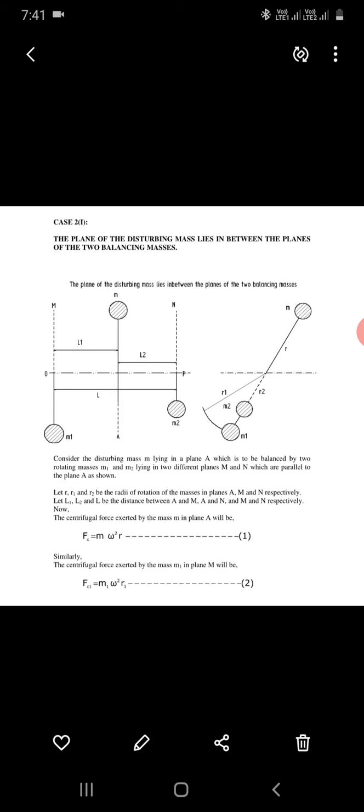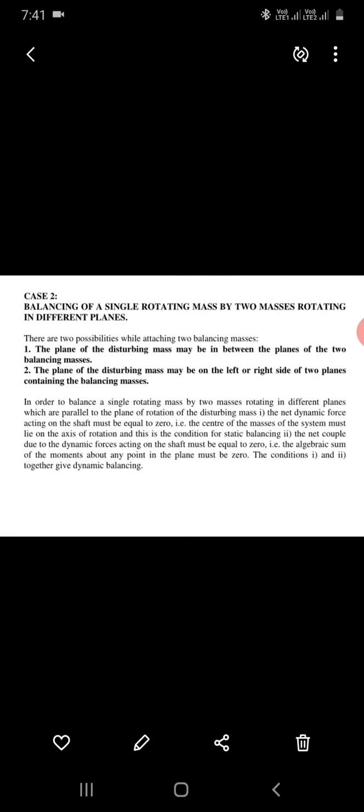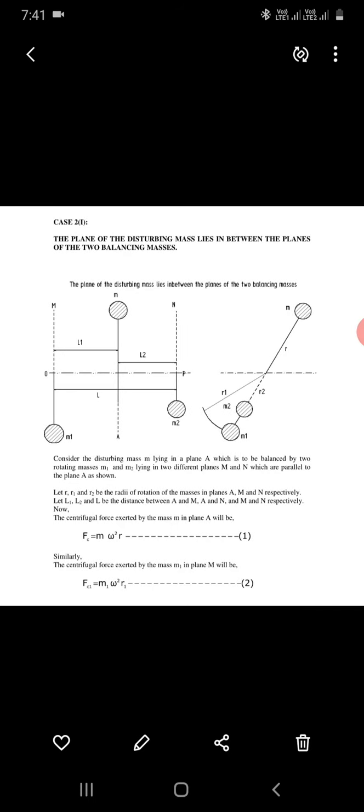Out of these two, we'll consider one by one. The first possibility is the disturbing mass in between the two balancing masses. Here the figure shows the disturbing mass M at the center, and the balancing masses on either side, that is M1 and M2. The distances between the masses are L1 and L2.